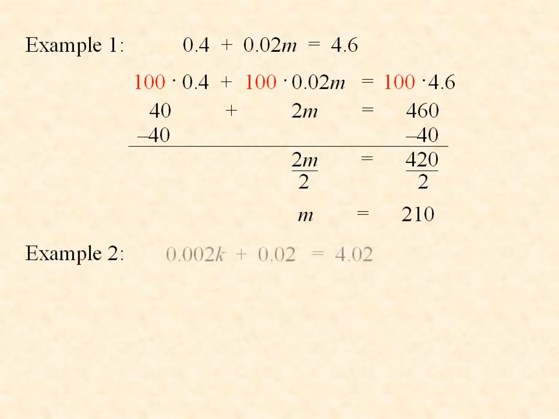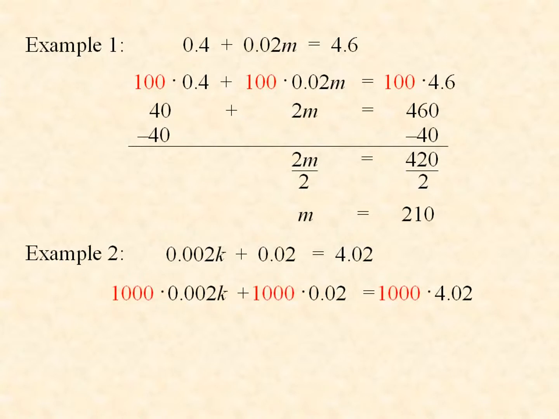Example 2. 0.002k plus 0.02 equals 4.02. The smallest decimal there is the 0.002. That's 2 thousandths. We can change that to a whole number if we multiply by 1,000. So we will multiply each term in this equation by 1,000.